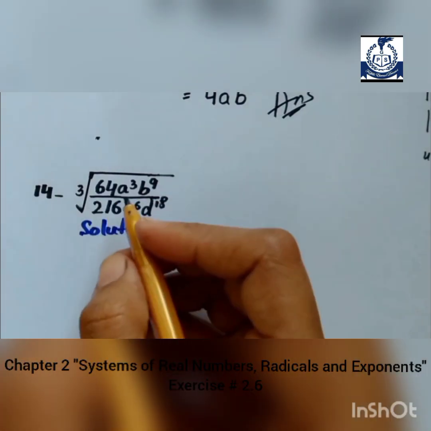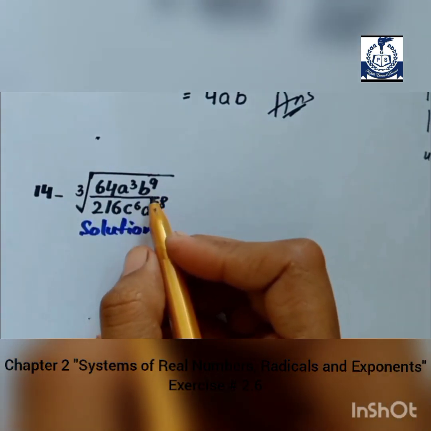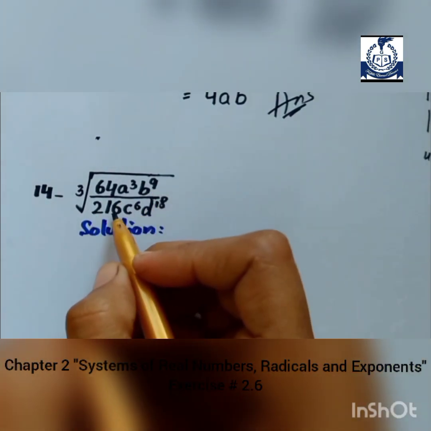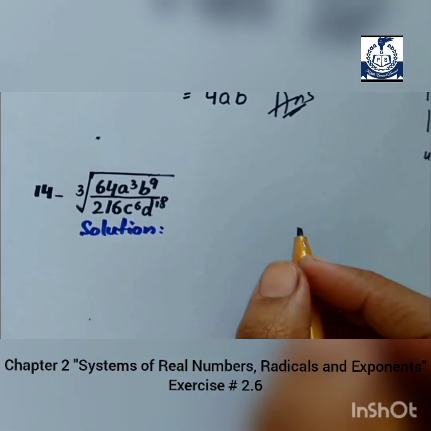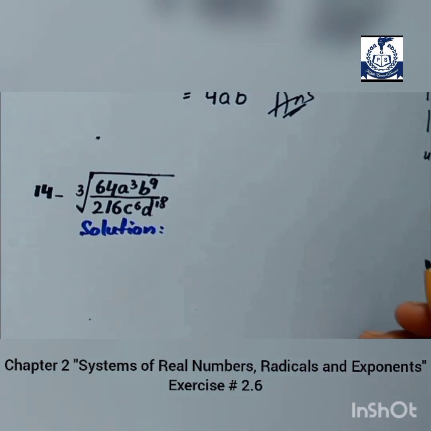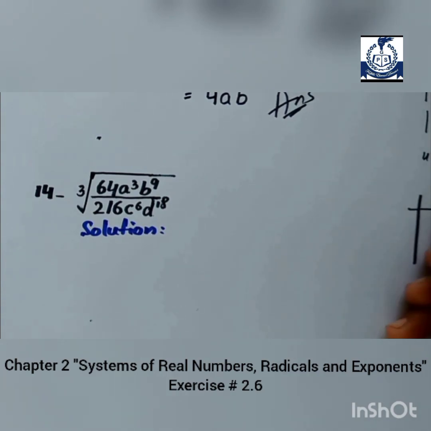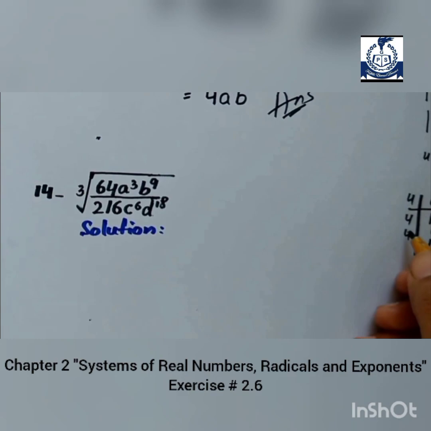Part number 14 is the cube root of 64 a power cube b power 9 divided by 216 c power 6 and d power 18. So first we take the LCM of 64 and 216. Here I start from 4. 4 1s are 4, 4 4s are 16, 4 4s are 16, 4 1s are 4.